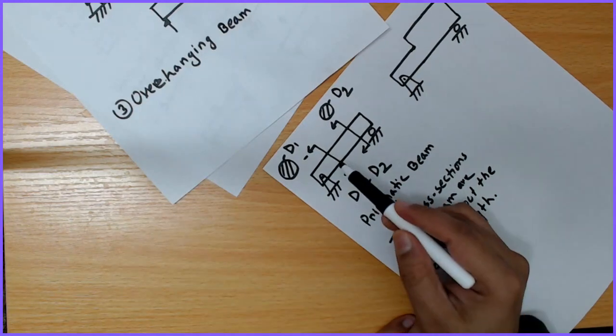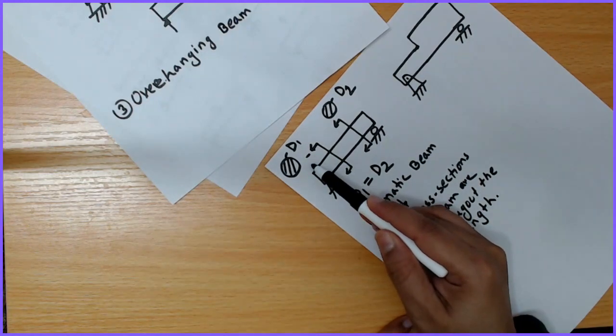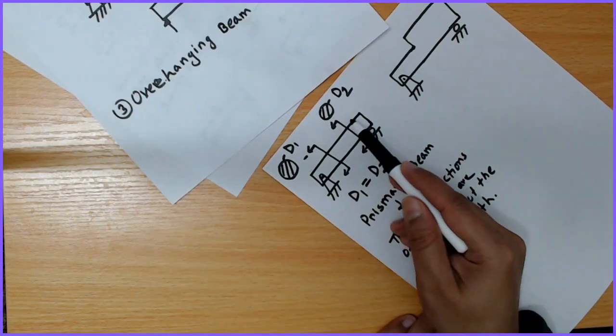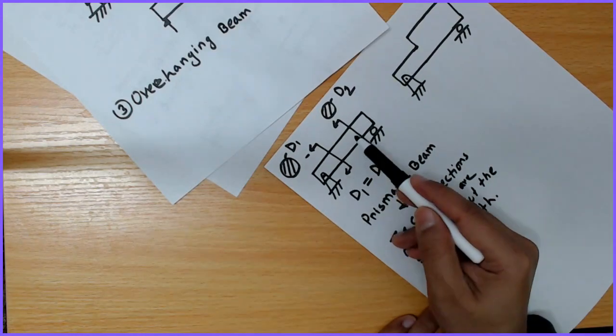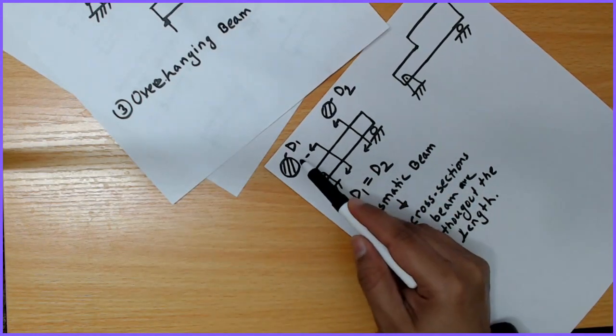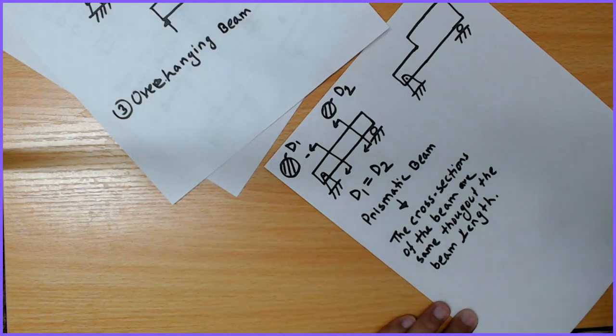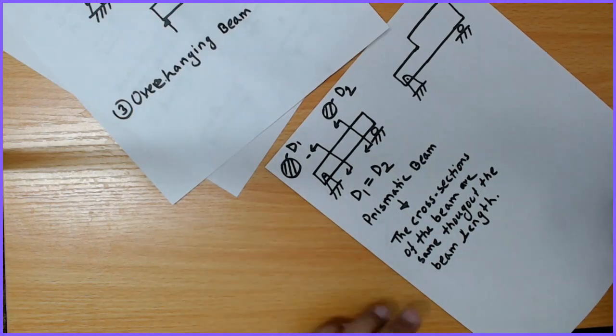It means the cross section at the beginning, at the center, at the end, or in every section. If we take all the cross sections, if it is a circular beam, the diameter should be the same.